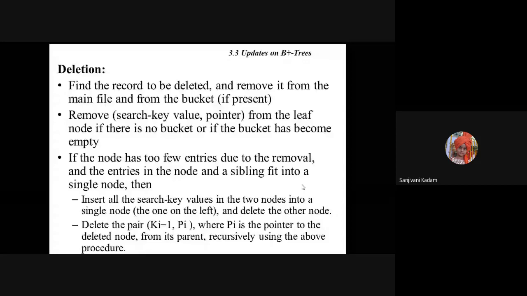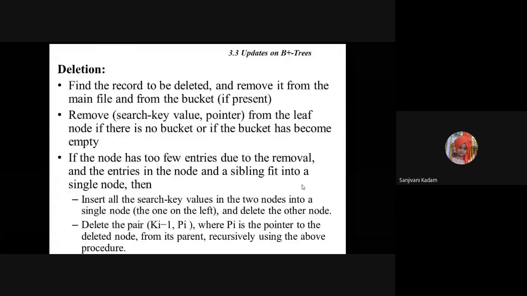Delete the pair Ki minus 1 and Pi, where Pi is the pointer to the deleted node. Whenever we are combining the nodes, the pointer to the second node, and the key value also, we need to remove, deleting the node from its parent, and proceed recursively using the above procedure.